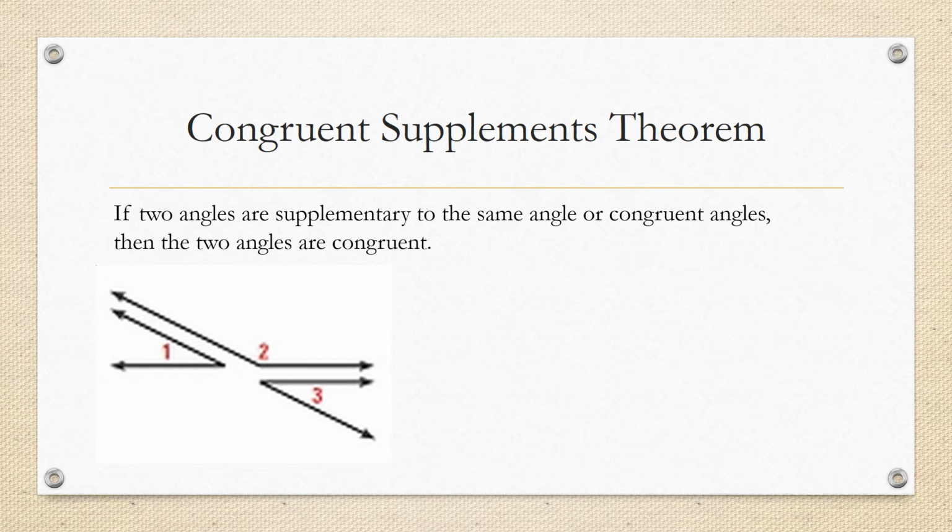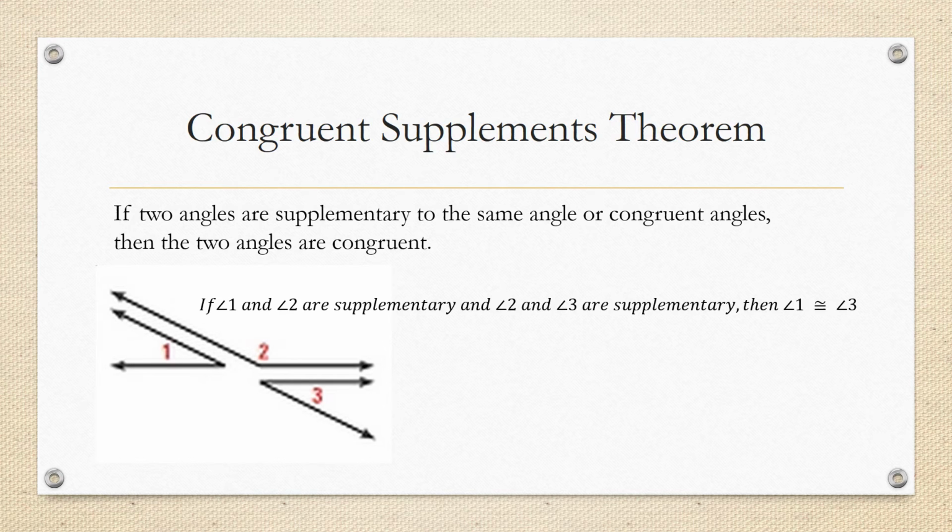So here's a picture. Notice there's three angles. Now according to this theorem, it would state this. If angle 1 and angle 2 are supplementary, angle 2 and angle 3 are supplementary, then angle 1 has to be congruent to angle 3. They're both using angle 2.